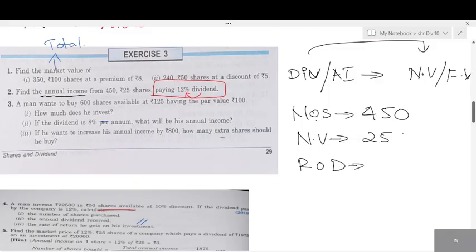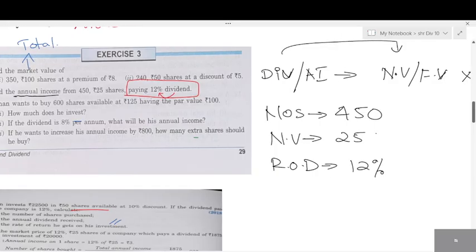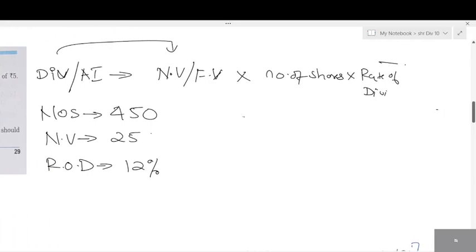I'm writing everything in short, but I want you all to write using complete sentences, the entire words. So rate of dividend is 12%. Substitute here. Annual income is equal to 450 into 25 into 12 divided by 100.